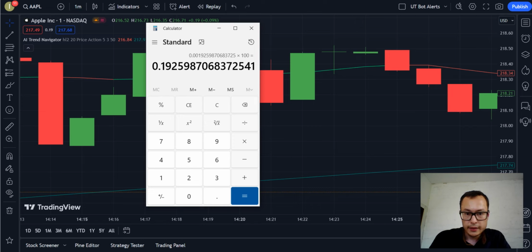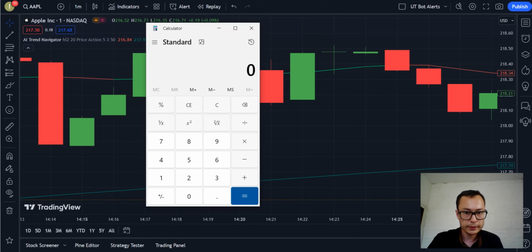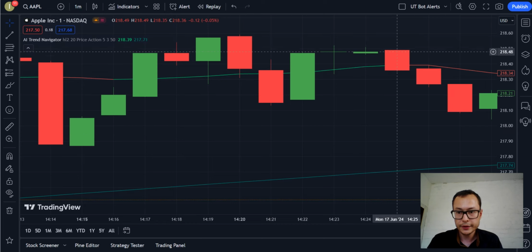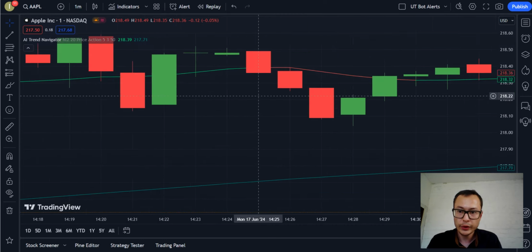So here it is. We sold the Apple stock profitably at a profit of 0.19%. So I cleared the calculator, and after selling the Apple stock at 2:25 p.m. at a price of $218.49, we wait.